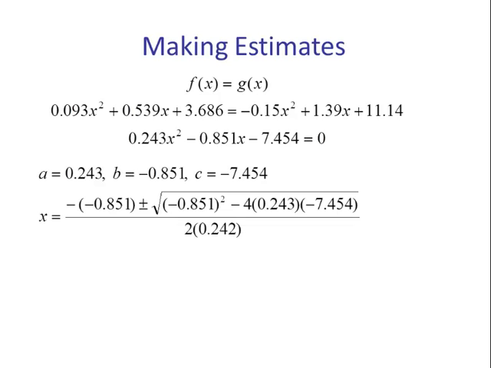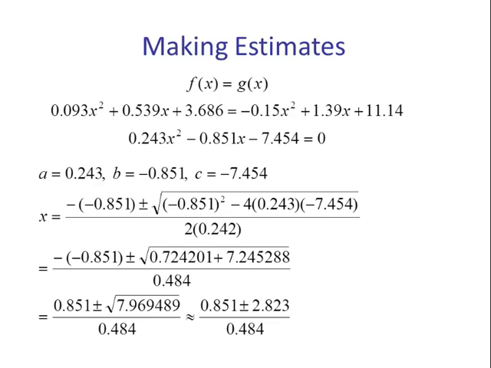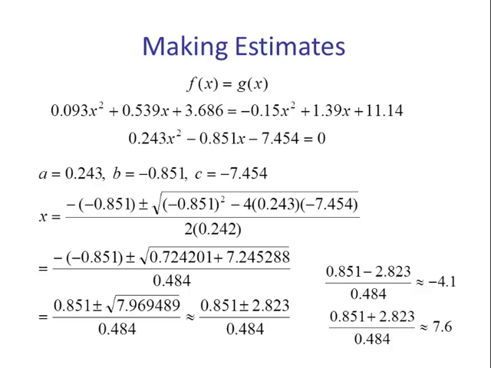Plugging these into the quadratic formula, we end up with the expression 0.851 plus or minus 2.823, all divided by 0.484. Splitting this up, we get a value of -4.1 and a value of 7.6.